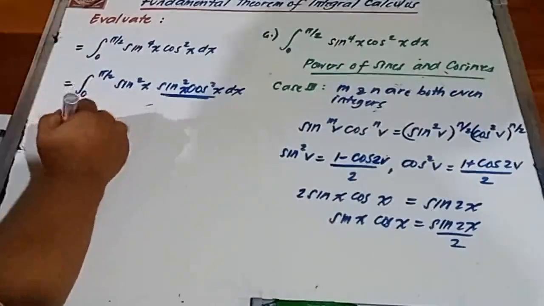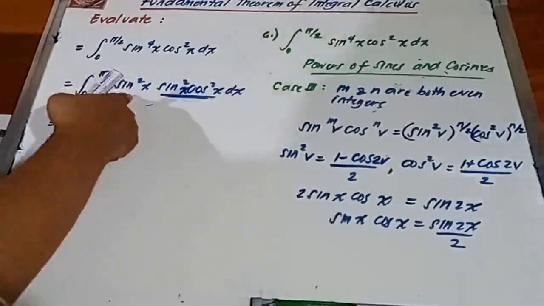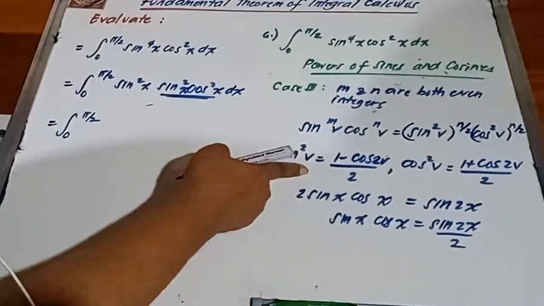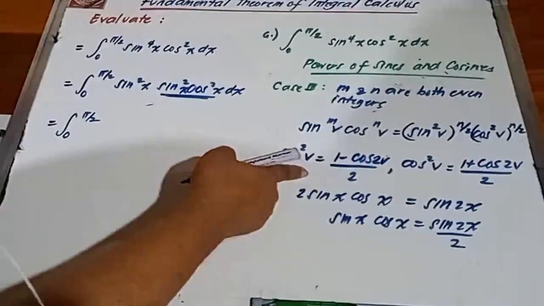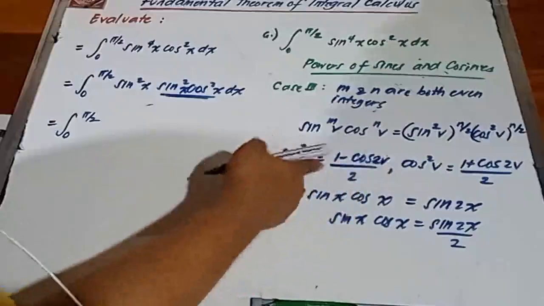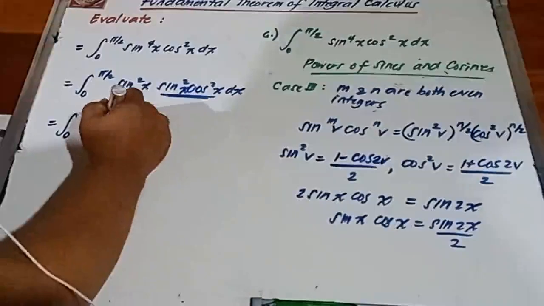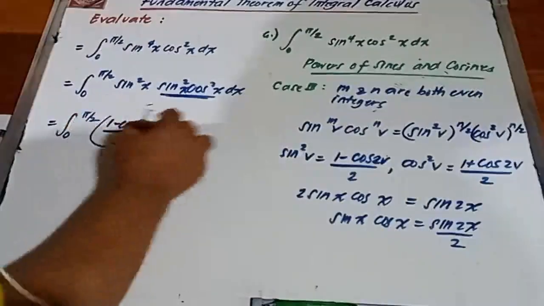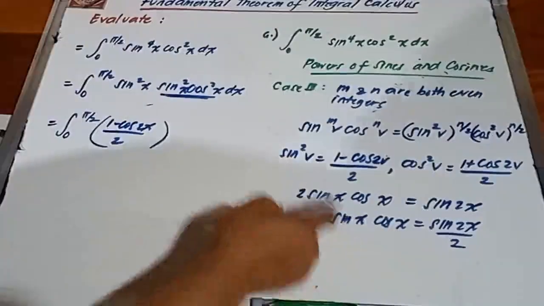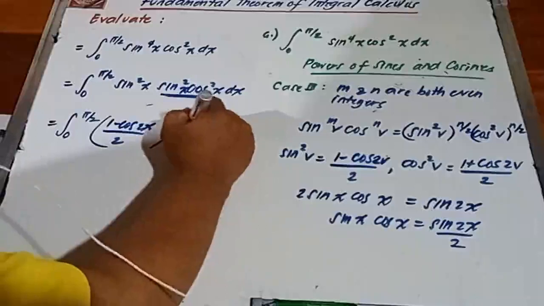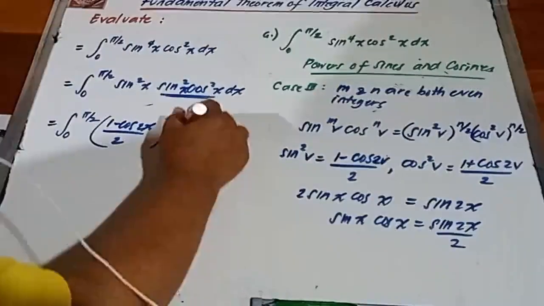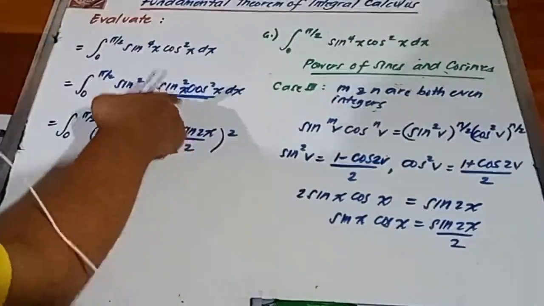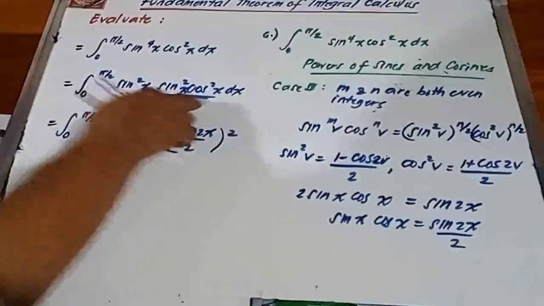So, we have 0 to pi over 2. Sine squared x, pwede natin itong gamitin. Okay? x is v. So, therefore, this will become 2x pag in-apply natin itong identity na to. So, 1 minus cosine 2x over 2. For this one, ito naman gamitin natin. Sine 2x over 2, naka-square siya, kasi square yung product of these two. Dito kasi hindi naka-square.